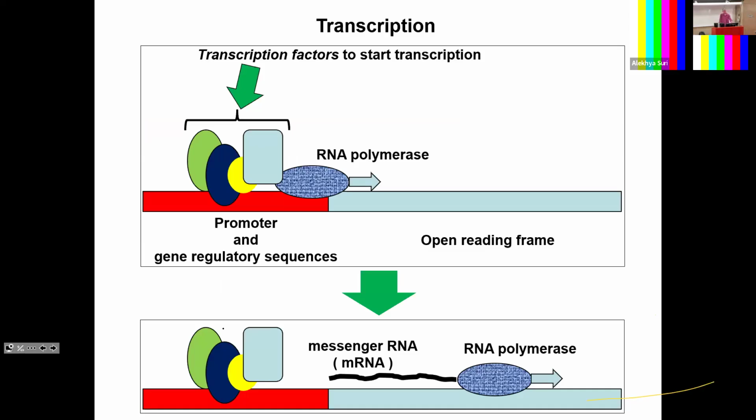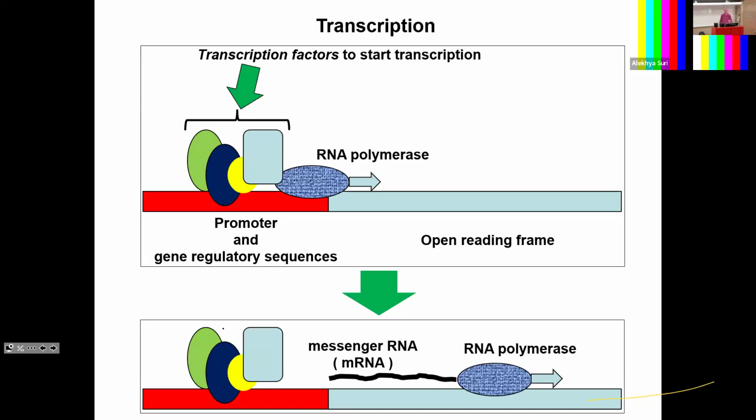We have numerous transcription factor proteins bound to the upstream side of a gene, called the open reading frame. That is what is in fact transcribed. So this is a gene, in fact, an open reading frame.